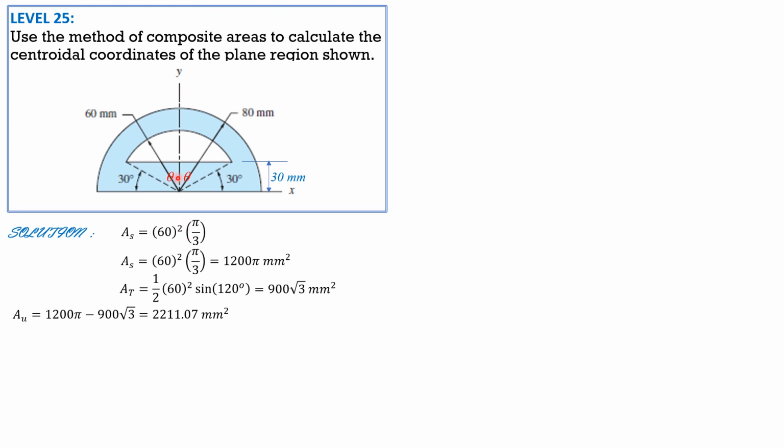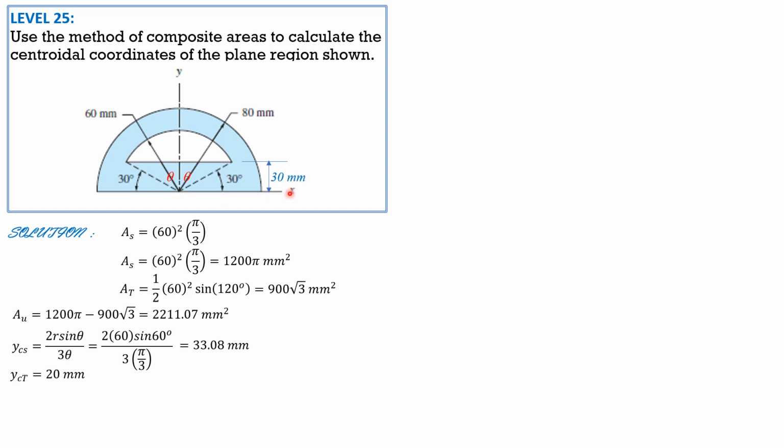The location of the centroid of the sector is in general 2r sine theta over 3 theta. So y sub c of sector is 2r sine theta over 3 theta, where theta is 60 degrees or pi over 3 radians. So 2 times 60 sine 60 over 3 times pi over 3, and it is equal to 33.08 mm, while the centroidal location of this triangle is 2/3 of 30 from the vertex, so it is 20.